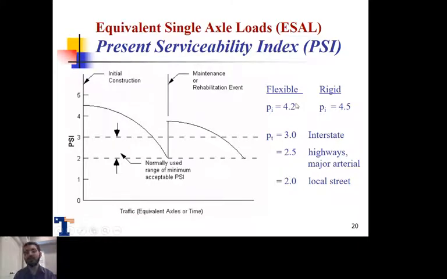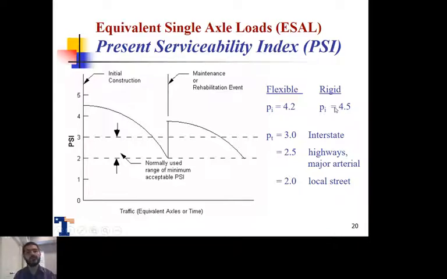Nothing is perfect, so we don't rate it at 5, but typically a brand new pavement will be rated at 4.2 at the beginning, once we open the section to traffic. Then with time, as you can see in this graph, pavement will start to degrade until we have a maintenance or rehabilitation event where it goes up, and then with time things degrade one more time. So the initial serviceability for flexible pavement is typically 4.2. For rigid pavement, it is around 4.5.